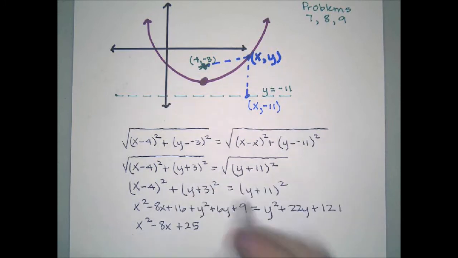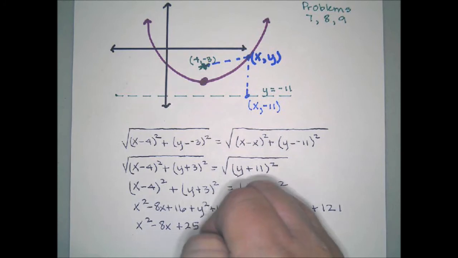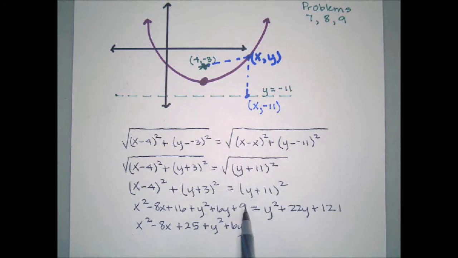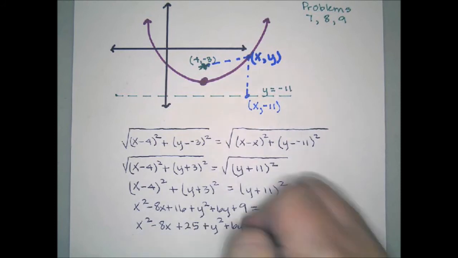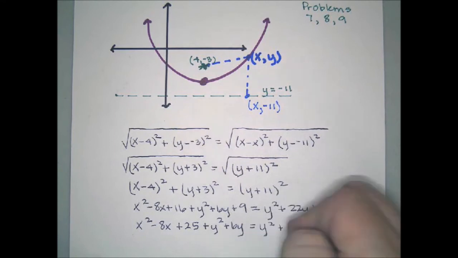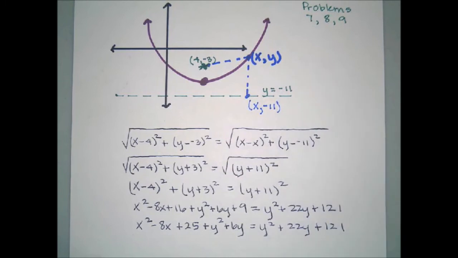Now, I've got plus y squared plus 6y, because remember I already put the 9 and the 16 together to make 25, equals y squared plus 22y plus 121. So that was my next step.